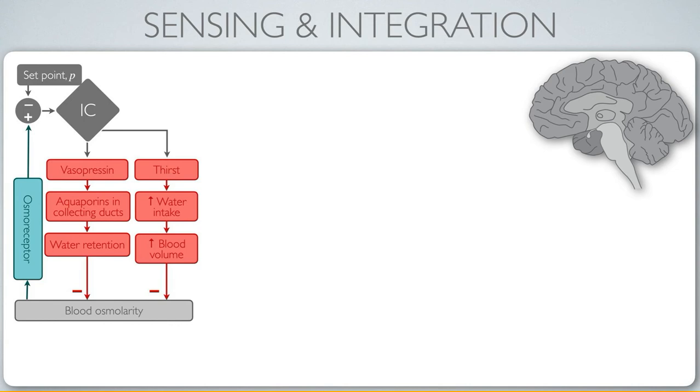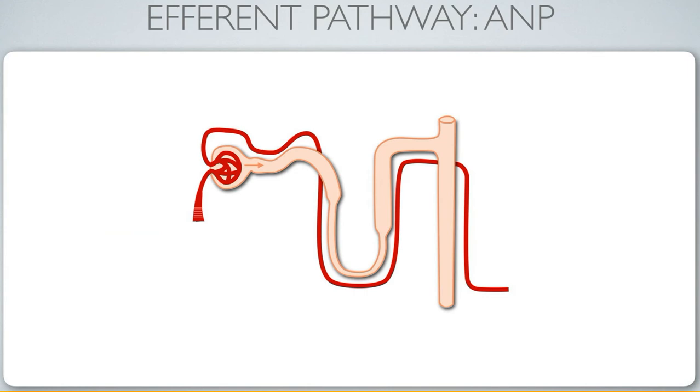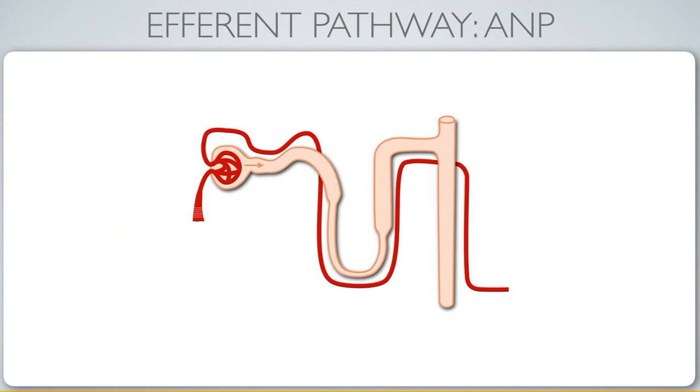Now, we're going to again start on the efferent end and then work our way up to the integrating center. And on the efferent end, again, we're going to start with the nephron. And in this case, it's a feature of the nephron that we haven't talked about before. And that is an arteriole that provides blood flow for the glomerulus.